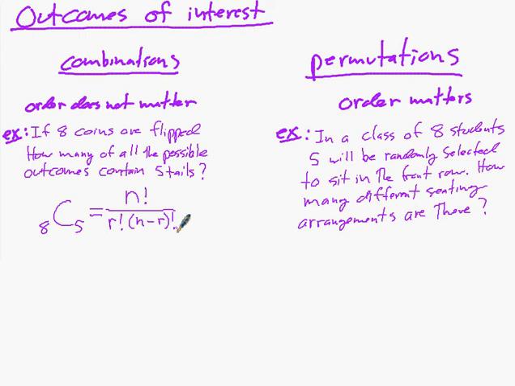Now, a couple of points here. One is this whole factorial business, exclamation point. You may or may not have seen that before. So as a little review, if we wanted 5 factorial, well, that's 5 times 4 times 3 times 2 times 1. Right?